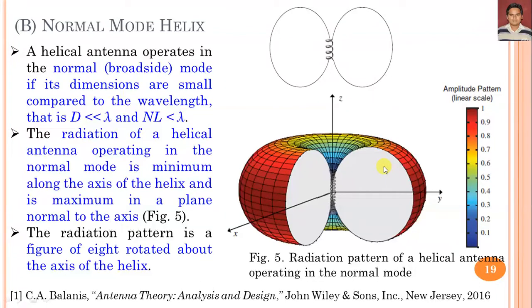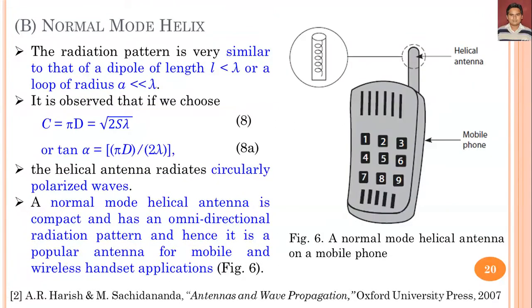So we can say the normal mode helix has a radiation pattern similar to the monopole antennas, as we have discussed in the wire antenna series of my channel. The radiation pattern of the normal mode helix is the figure 8 shape, as you can see here, along the normal to the axis, and this is the right handed and this is the left handed helix antenna through which we can define the radiation characteristics of the normal mode helix antenna.